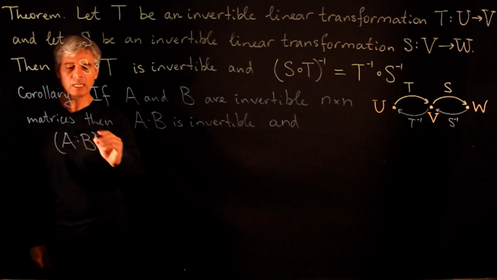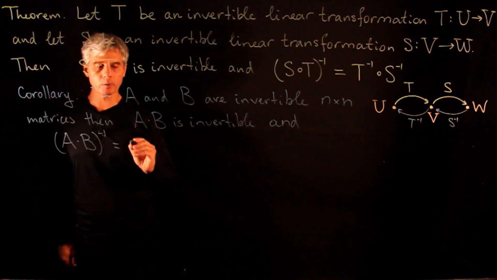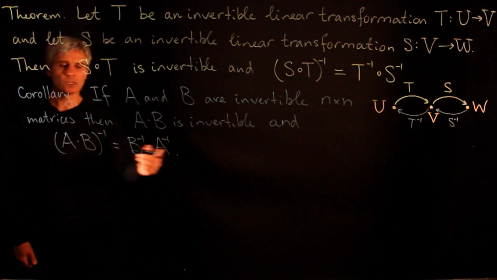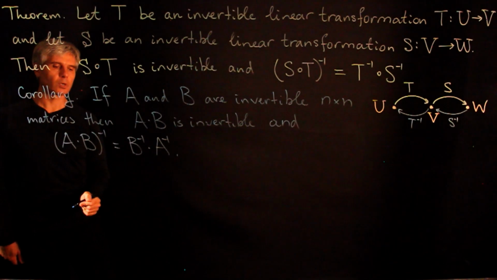So (AB) inverse is equal to B inverse times A inverse. So this is the socks and shoes rule.